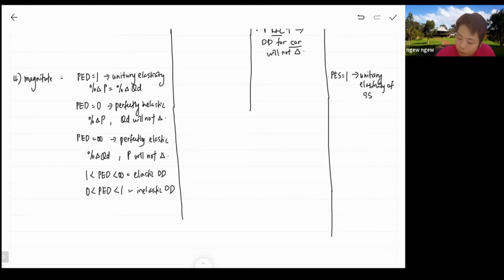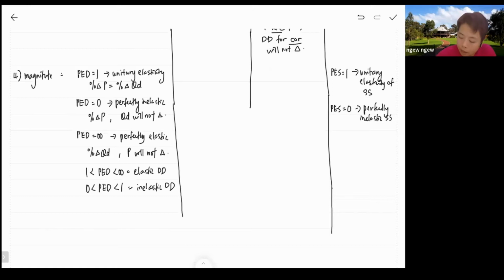Okay, when PES equals 0, we call it perfectly inelastic supply, or supply is perfectly inelastic to price. Okay, and when PES equals infinity, then we call it perfectly elastic supply.